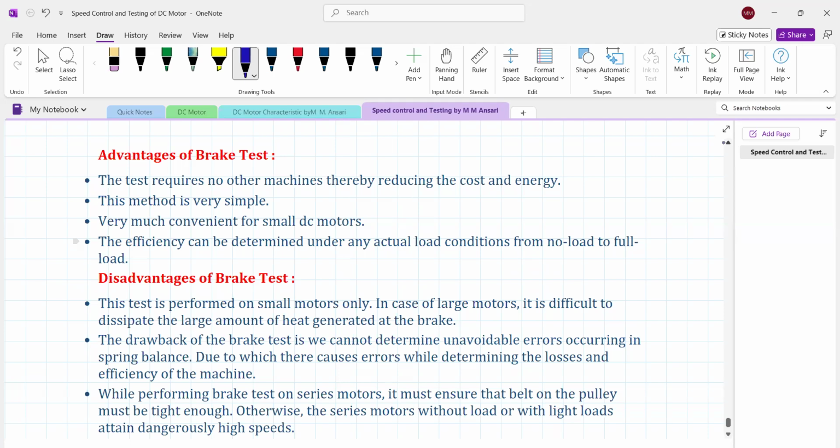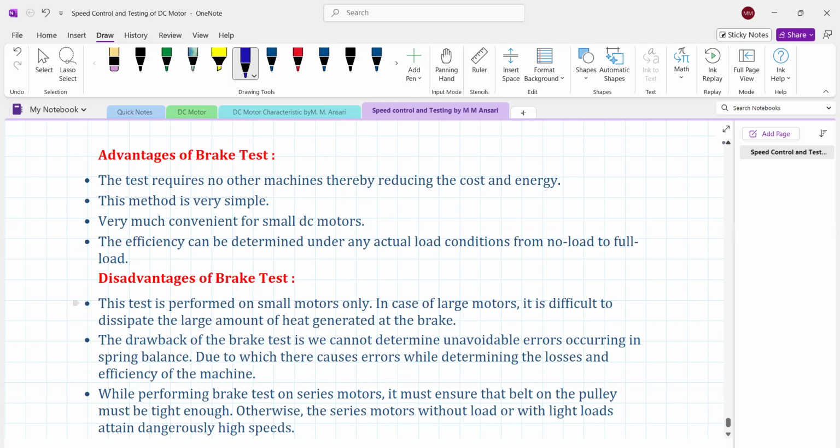In addition to these advantages mentioned over here, the additional advantage is that we can observe the mechanical vibrations, commutation, sparking over the brushes, and temperature rise of the machine.